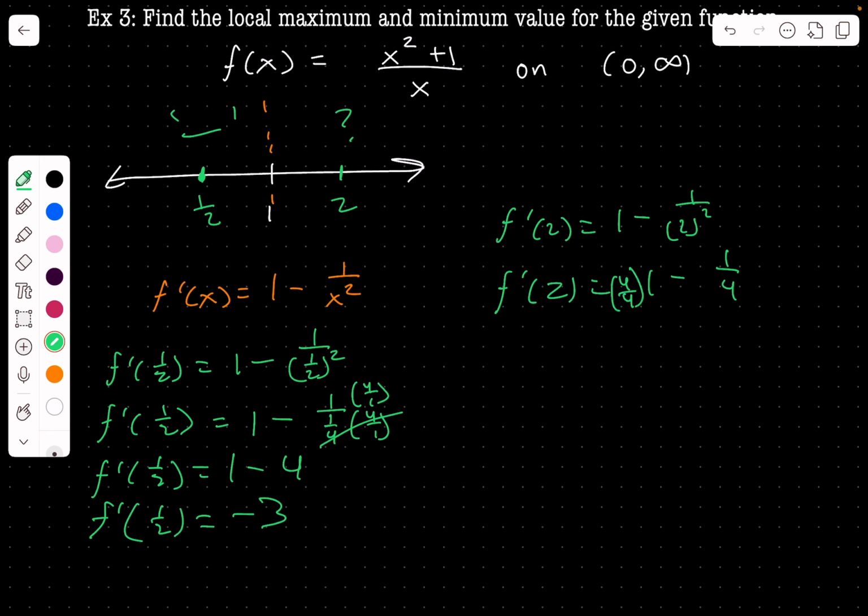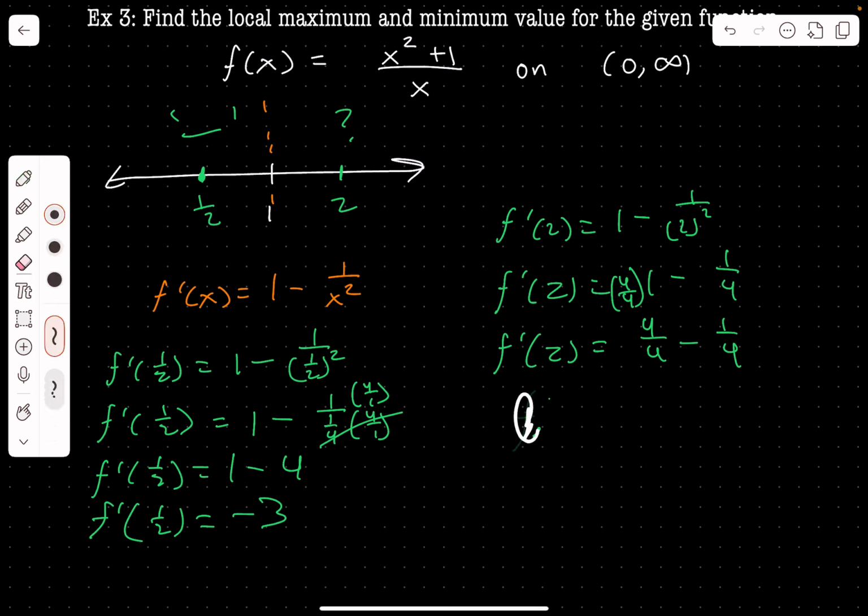Therefore, we need to multiply the 1 by 4/4. We get f prime of 2 equals 4/4 minus 1/4. This gives us, okay, f prime of 2 equals 3/4. And this is a positive value. Over here, we get a positive value.